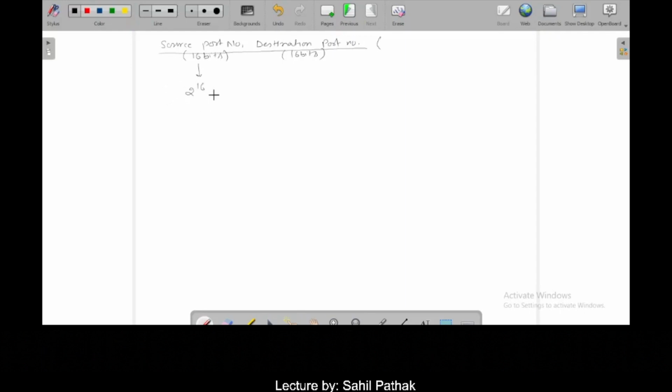So in total we have 2 raised to power 16 port numbers, and that would be numbered from 0 to 2 raised to power 16 minus 1, which is 0 to 65535.